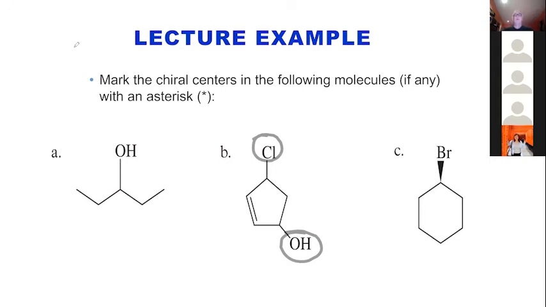No, no. The only thing we need to think about for a chiral center is, does it have 4 different groups attached to it? That's all. Doesn't matter what they are, they just have to be different. So that could be chlorine, it could be iodine, it could be a methyl group, it could be anything. As long as that particular carbon right there and that one right there has 4 different things attached to it, then it's chiral.